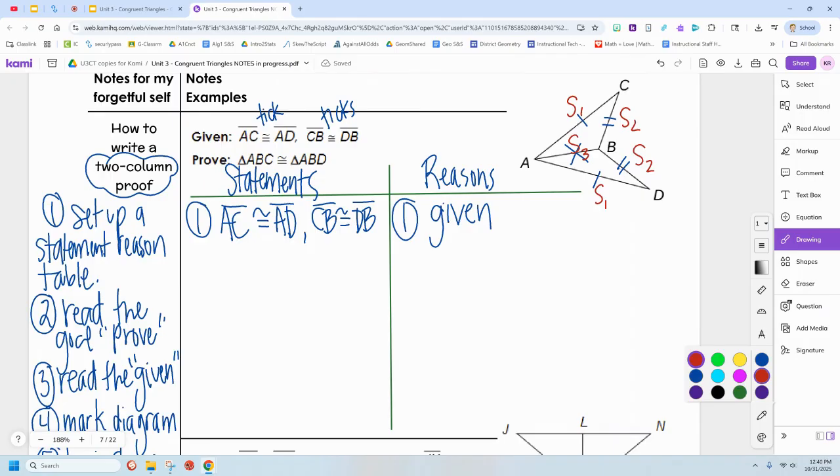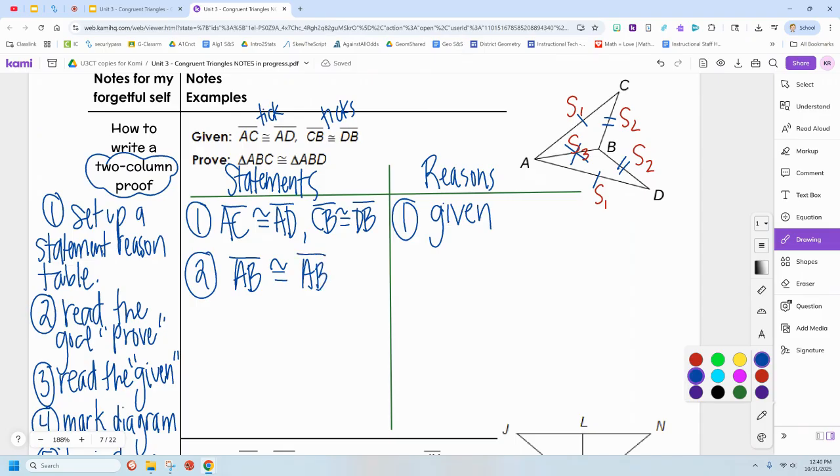Now it's on the picture, but is it in the proof yet? No. So here we go. S. Not yet, because right now do we only have S and S? Yeah. So we need to put AB is congruent to itself, AB.